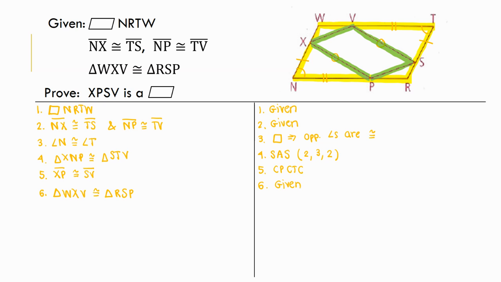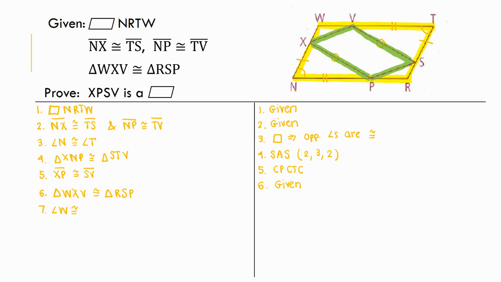And so why would I give you congruent triangles? Well, it kind of matches what we just did in step number 4. With the other 2 triangles that are congruent, I noticed that they have angle W and angle R, which are across from each other in the big parallelogram. So I'm going to say that angle W is congruent.